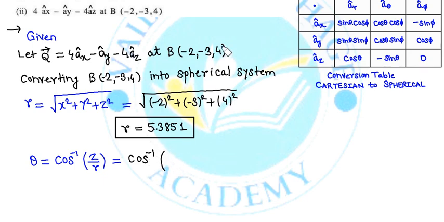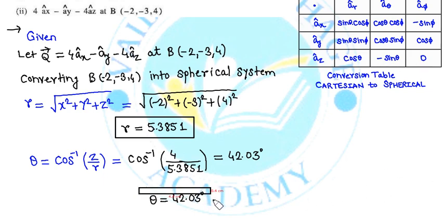So cos inverse of z, which is 4, divided by r, which is 5.3851. This is your theta value. So theta is equal to cos inverse of that division, which comes around 42.03 degrees. So this is the second element that we will be using throughout the numerical.